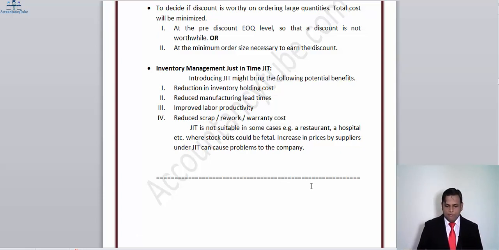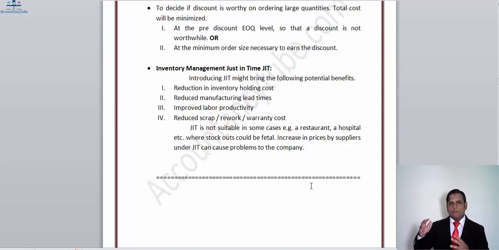Introducing just-in-time might bring the following potential benefits: reducing inventory holding costs, it's obvious, reducing manufacturing lead times, improved labor productivity, and reduction in scrap. What happens in just-in-time inventory management is that whenever a business receives an order, it calls its supplier to bring the supplies for the products that need to be dispatched.